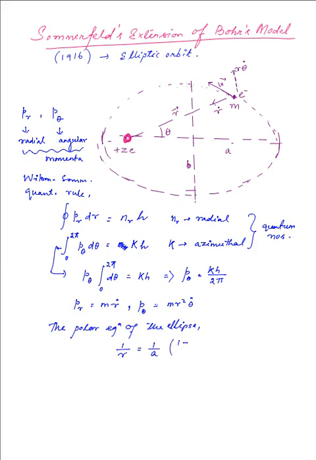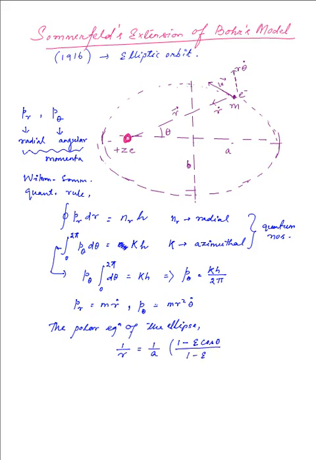Now we usually denote it by small e, but here, because small e has been indicated as that for electron, we'll be using somewhat this kind of e. So be careful about the notation that I'm using over here. 1 minus e cos theta divided by 1 minus e squared.